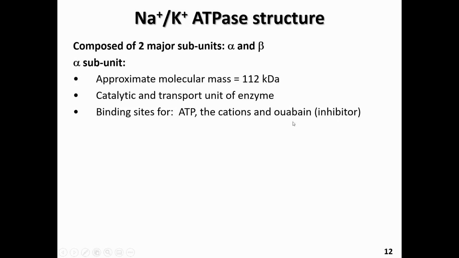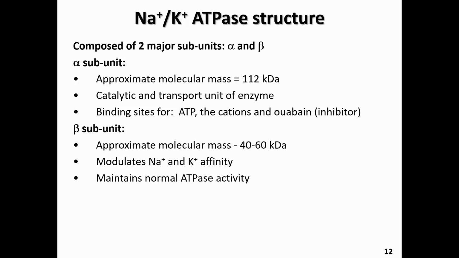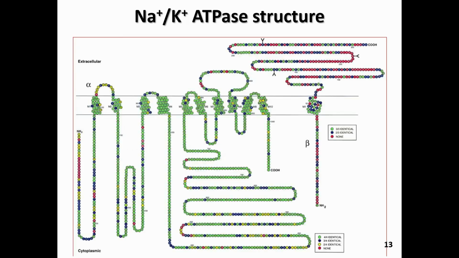as well as the binding sites for an experimental inhibitor referred to as ouabain. The beta subunit is the smaller of the 2, and its role is to modulate the affinity of sodium and potassium and contributes to the normal maintenance of the overall function of the protein.